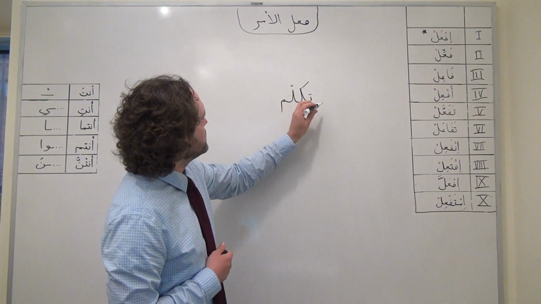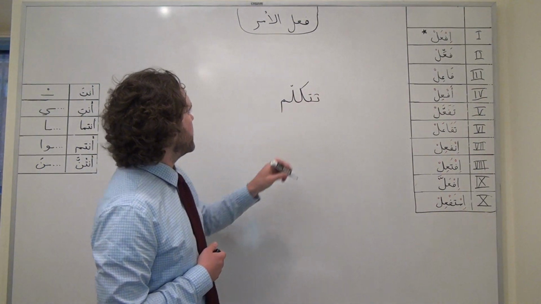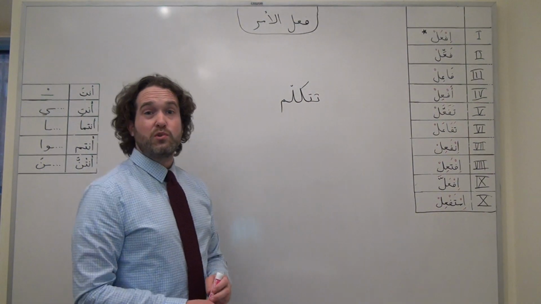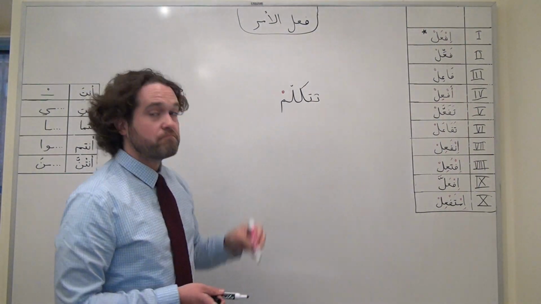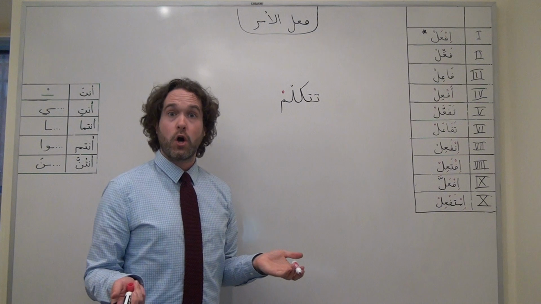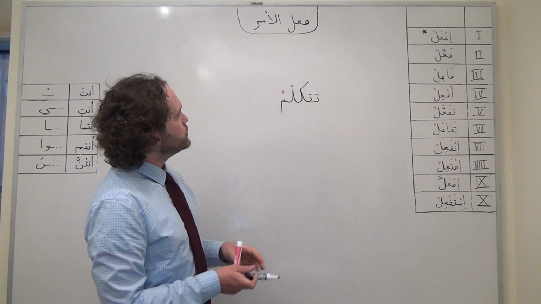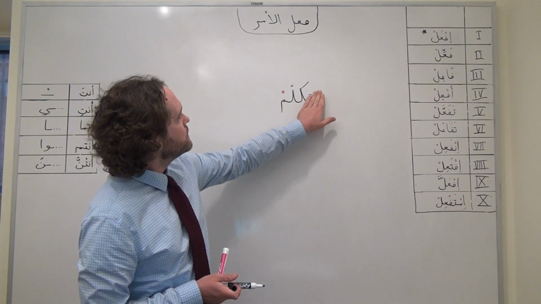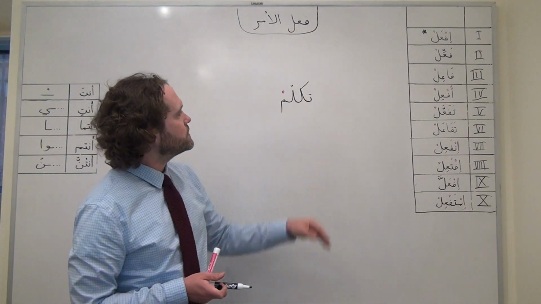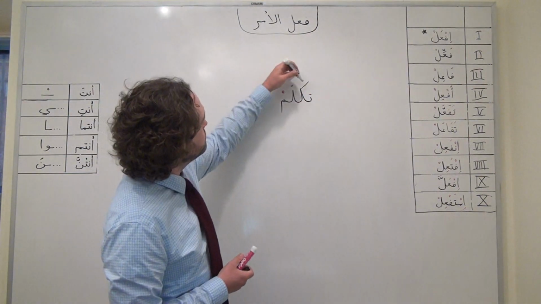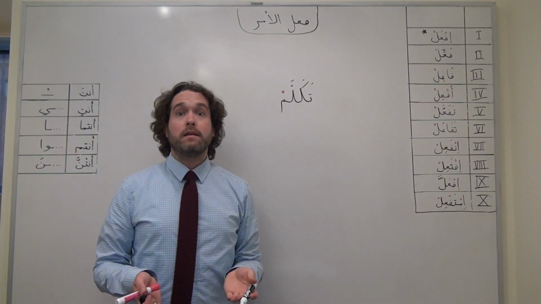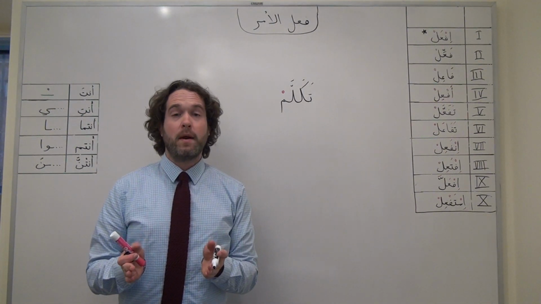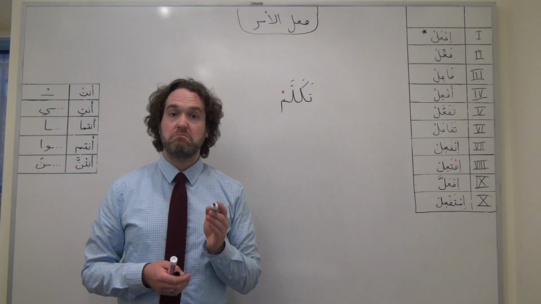I suppose in that case it would be تتكلم. And because it's majzoom, it has a sukoon at the end. This is formal Arabic, fusha, that we're talking about here. Now what I would do is drop that subject prefix, and I would be left with تكلم. And that is how I would say to a grammatically masculine individual, speak.